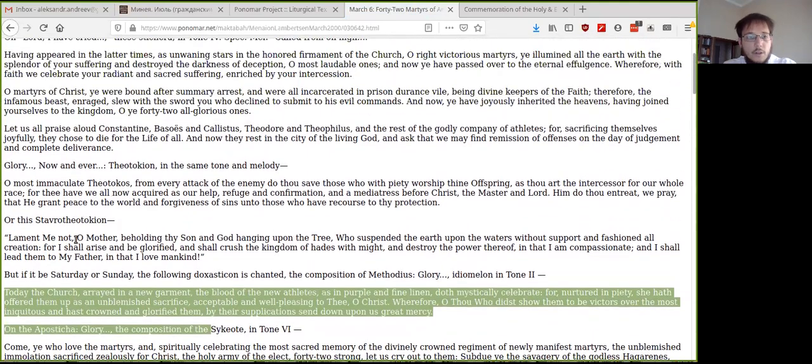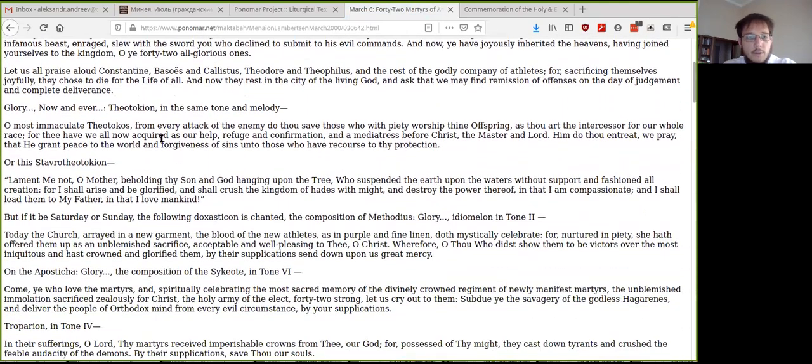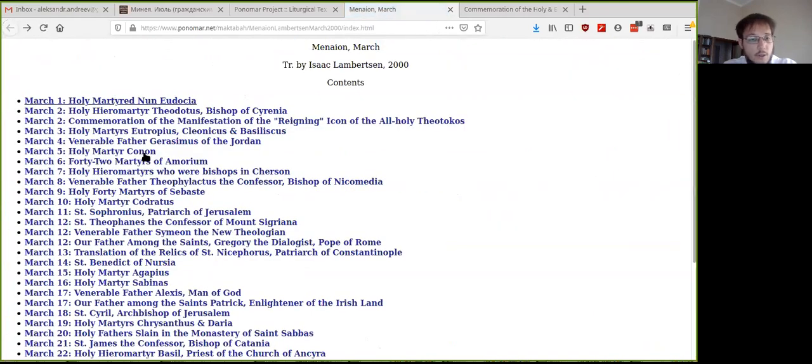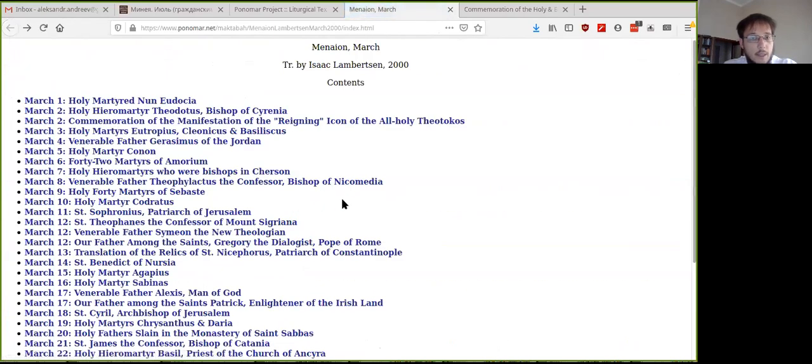The Stavrotheotokion here is in tone 4, and so you can't use it to accompany this doxasticon. Now, I said I'm cheating a little because this doxasticon is only supposed to be used for Saturdays and Sundays, but that was just the simplest case since I had the March volume open. There can be other situations of a similar kind.